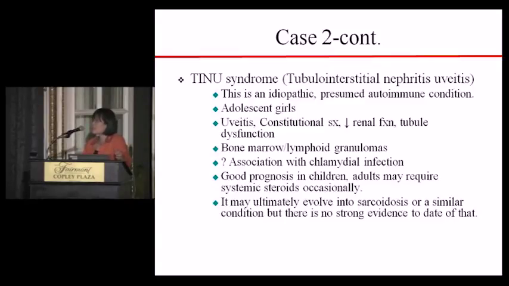It's commonly seen in adolescent girls. They usually present with constitutional symptoms with worsened renal function. Children with TINU usually have a very good prognosis. However, some adults with TINU may potentially require steroid treatment.